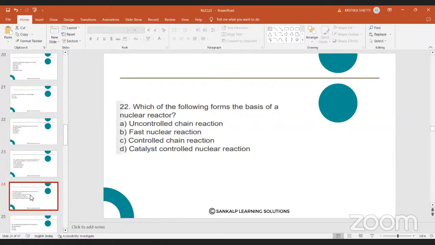Then our next question. Which of the following forms the basis of a nuclear reactor? Uncontrolled chain reaction, fast nuclear reaction, controlled chain reaction, catalyst controlled nuclear reaction. Which one is right?